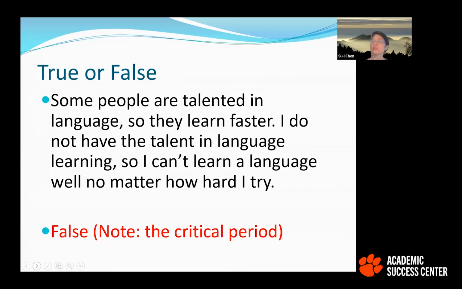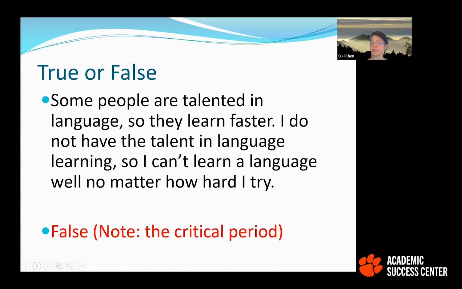When we learn, you have to imagine that there are native speakers for every language. It means that it's not too hard for any human being to master it. And even though there's a learning curve, there's also a critical period. The critical period is usually the time before puberty.